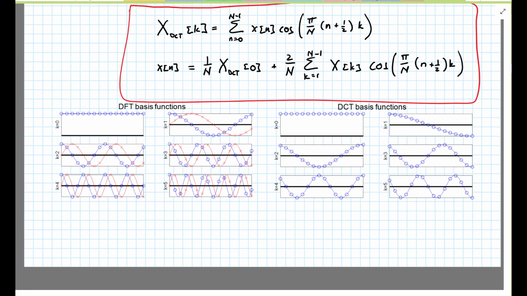And the other thing that I mentioned before is that as we get to higher and higher frequencies, the DCT finally gets up to essentially the frequency pi, whereas the DFT gets up to a frequency of 2 pi, which is then translated to negative frequencies. So that's our DCT. We'll see that again when we talk about JPEG coming up.